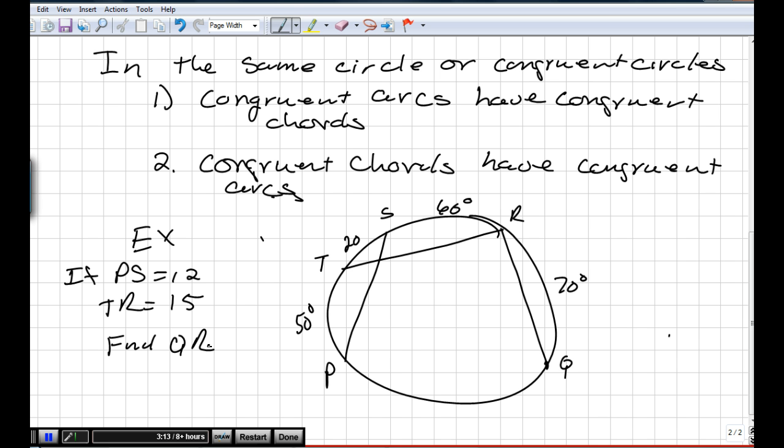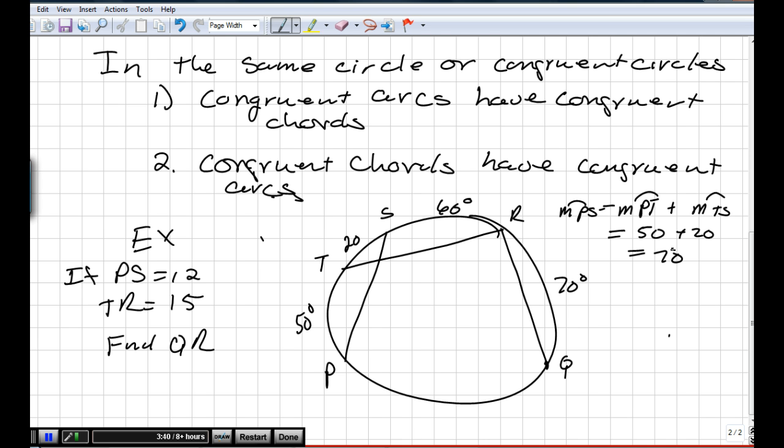Okay, well, we know that measure of arc PS is equal to measure of arc PT plus measure of arc TS. Okay, so that gives us 50 plus 20 or 70.